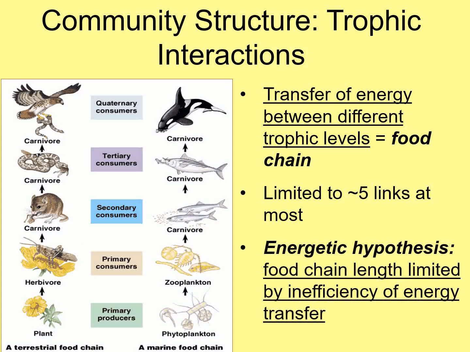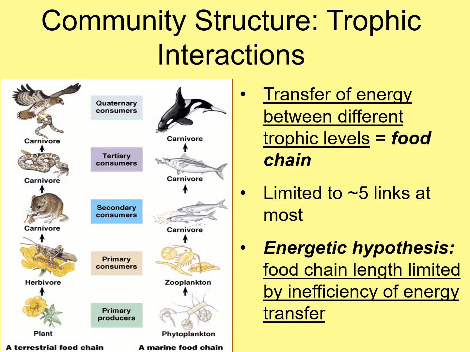And the problem is that the conversion of energy between trophic levels is extremely inefficient. I think about 10% of the biomass from one level actually makes it to the next level. So that's extremely inefficient transfer.